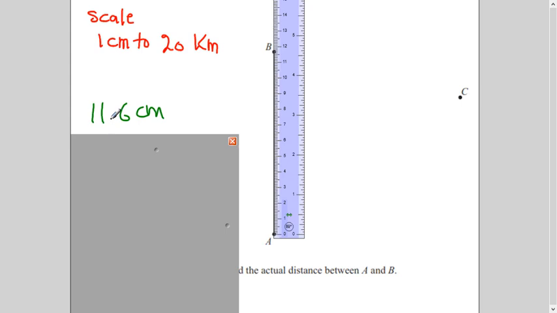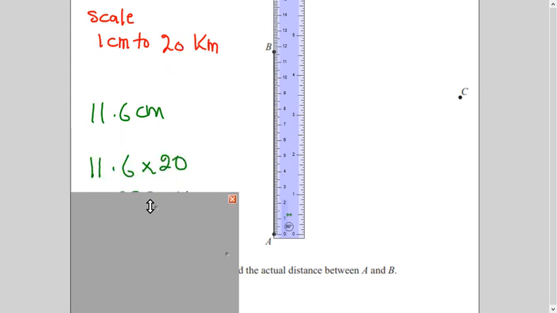Okay. So I have to change this centimeter into kilometer, not on actual conversion, but on this scale conversion. So I'll multiply 11.6 by 20 and I will get 232 kilometers. So it means actually on land, this line is 232 kilometers long.